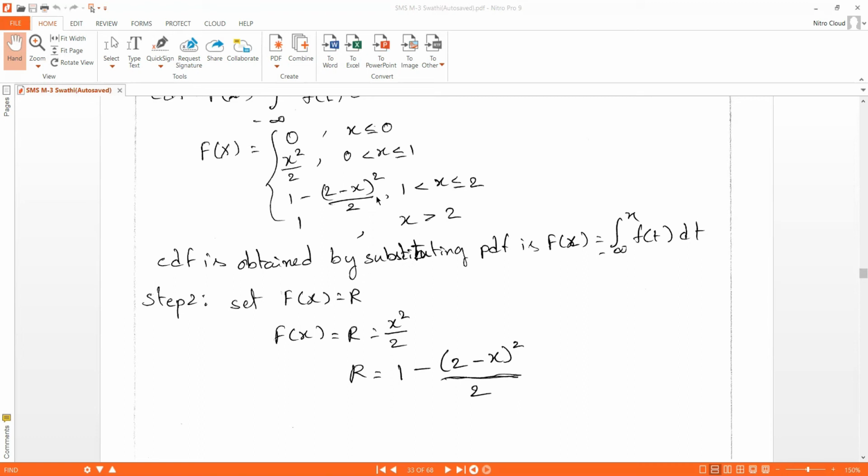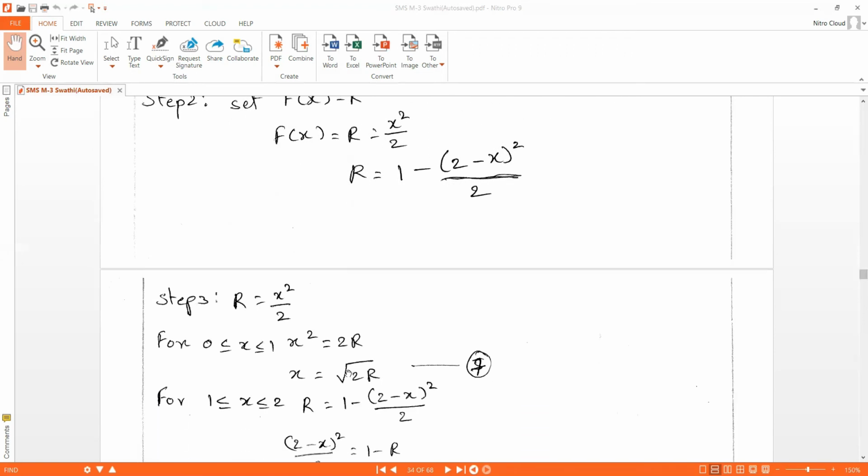Okay, now when x is 1 less than x less than or equal to 2, the F of x value is 1 minus (2 minus x) whole square by 2. So there also, r is equal to 1 minus (2 minus x) square by 2. That we are writing here.